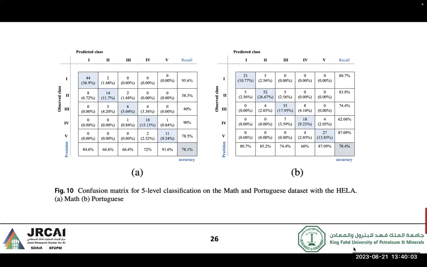So now, in the second part of their analysis, they consider that the marks of the students will be categorized into 5 types. From 0 to 5 will be 1, and so on. As you can see here, we have a bigger confusion matrix. This one is for the math, and this one for the Portuguese.